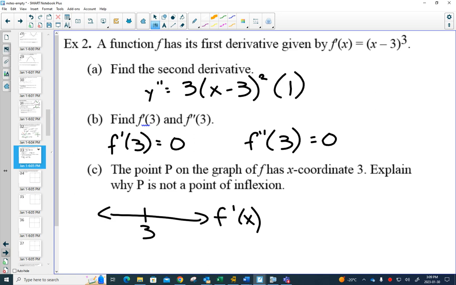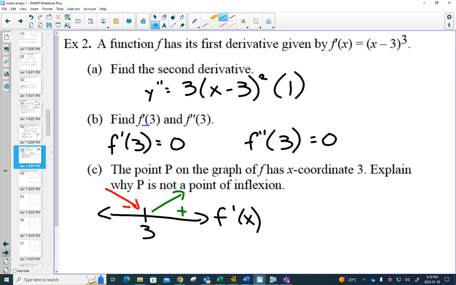When you plug in something less than 3, like 0, you get negative 3 cubed, which is negative 27. It's going down. And if I plug in something after 3 into my equation, I get a positive value. So you could explain it's not a point of inflection because it's a minimum point.